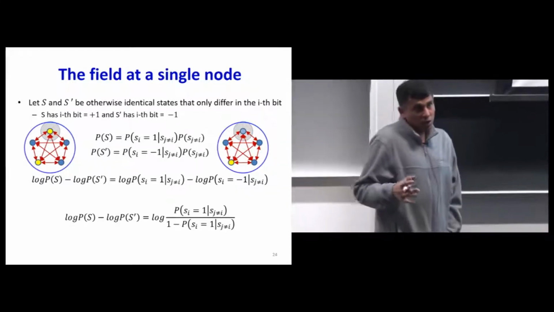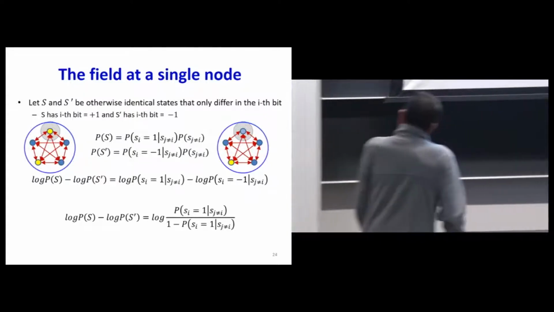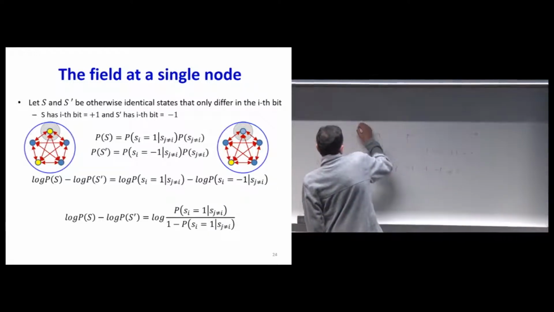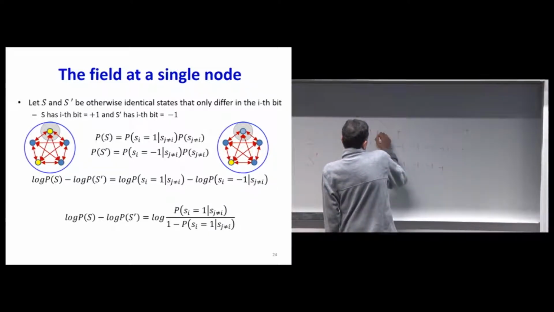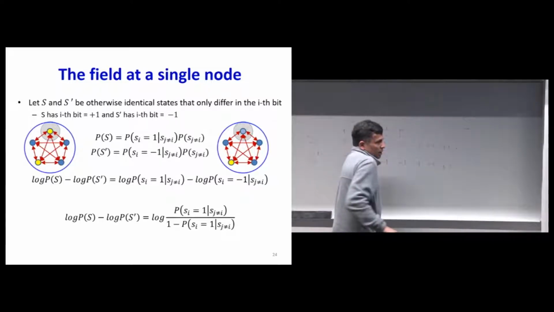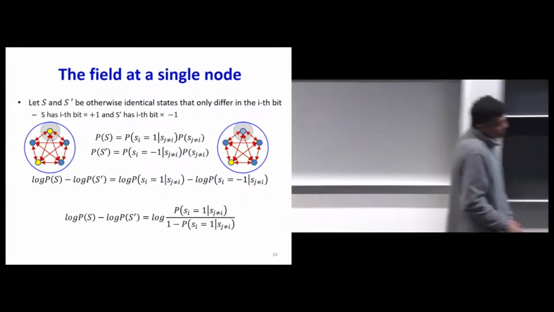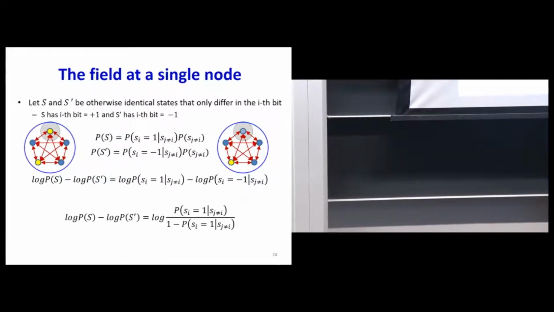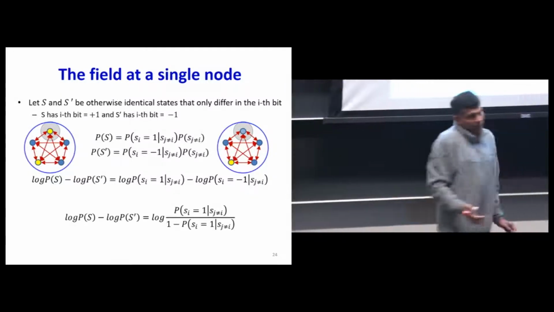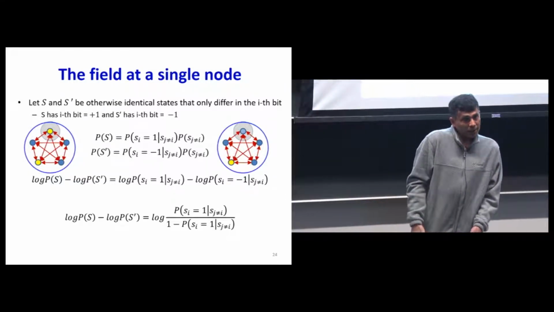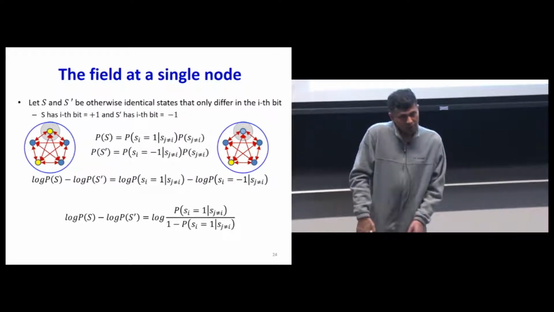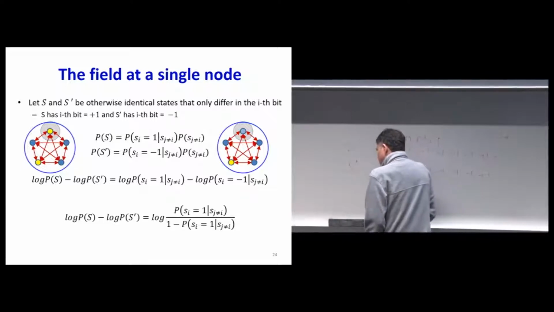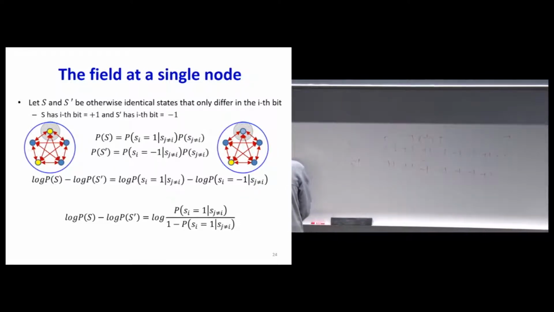These are the j not equal to i bits. And so the probability of this entire pattern is the probability of these regions times the probability of this bit given the rest of the bits, right? So the probability of the entire pattern is the probability of all of the bits except the ith bit times the probability of the ith bit given the rest of the bits.